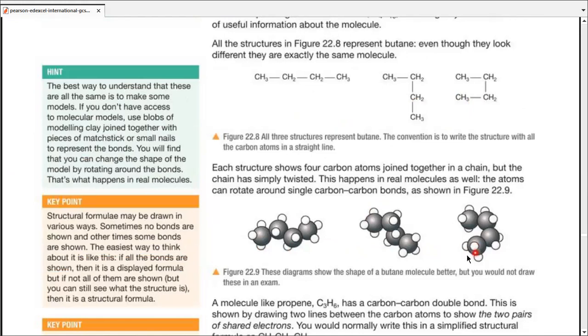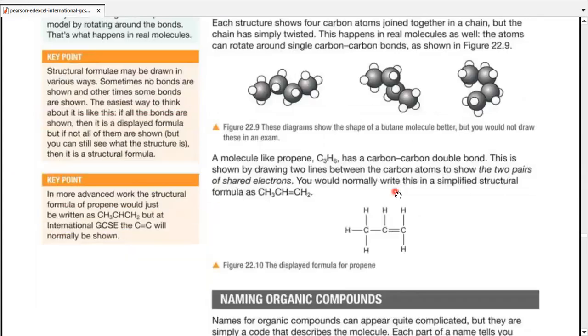All right. So these are just twists in the structure, which we can show in the displayed formulas as well. This does not mean this is a different compound. These are all different forms of the same compound. In fact, just a little bit of twist, not even completely different forms.